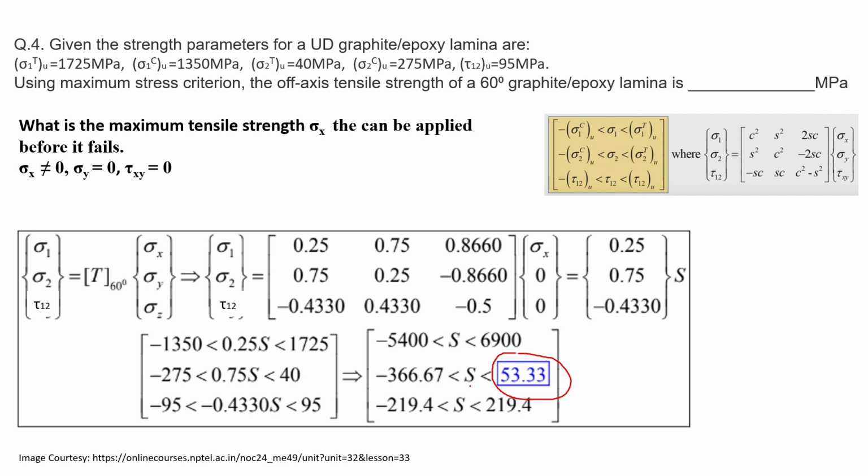But if the stress value gets higher than this value, then it might not fail in one criterion, but in another criterion it will fail. So that's why we have to consider whichever value is the lowest. That will be the maximum stress value that this lamina can withstand. Otherwise, it will fail first in the transverse direction, and later it will go to the shear and then the longitudinal. So to find the maximum stress that a lamina can withstand, we have to find the lowest value.